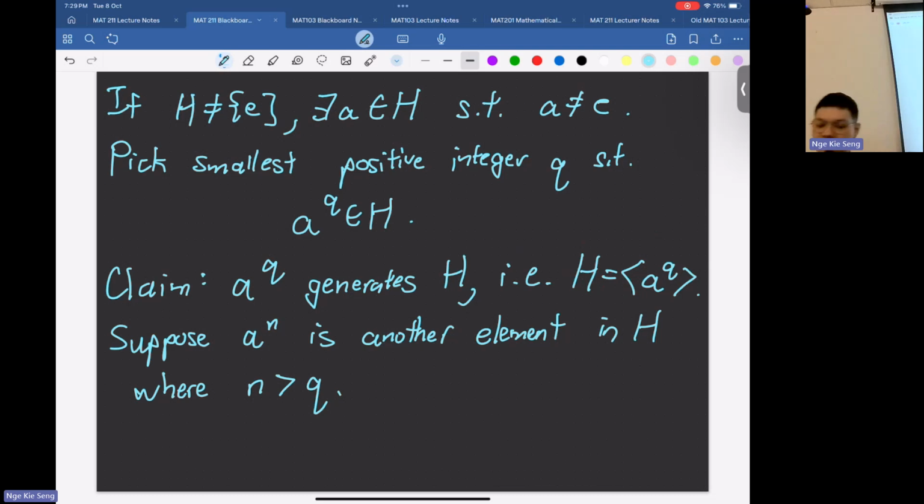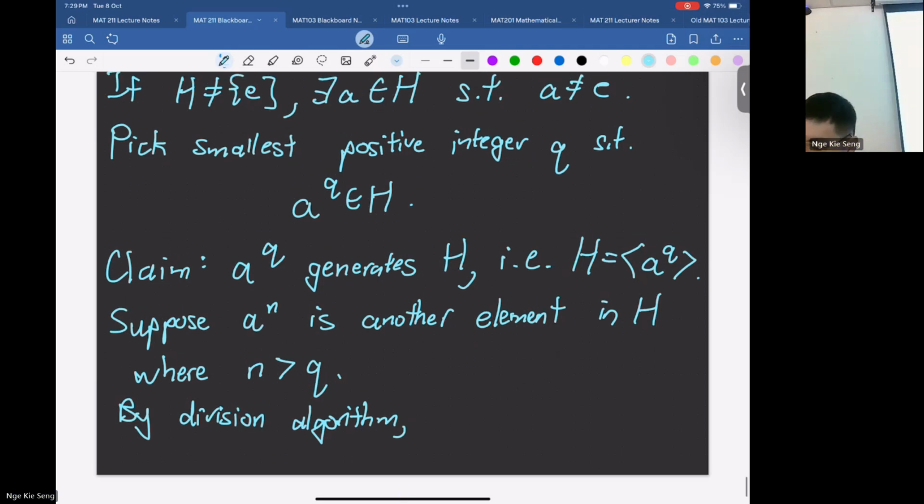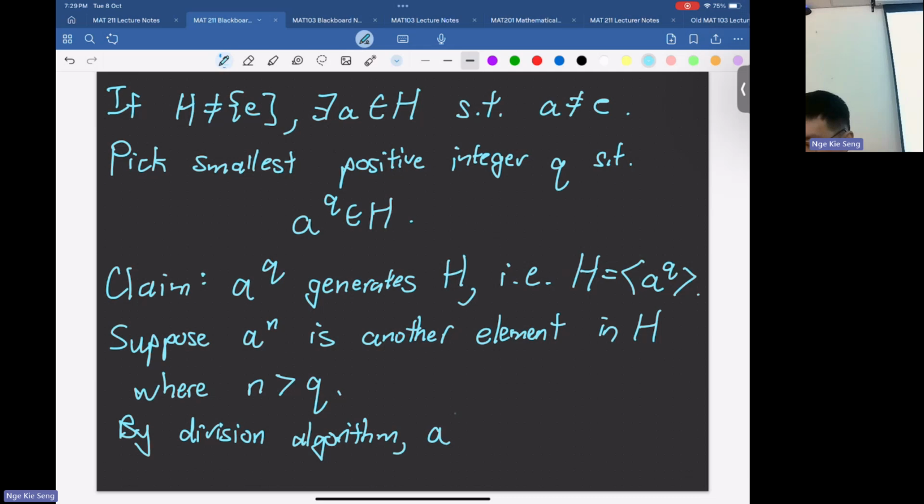But by the division algorithm, what does it tell you? It tells you that we can write n as a multiple of q plus some remainder, like the trick we did at the start of the class.